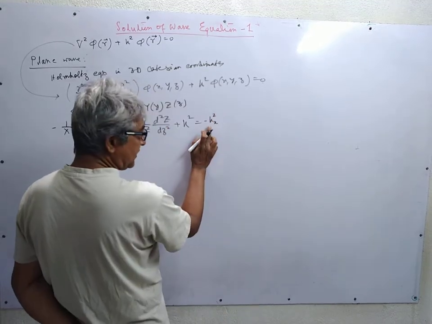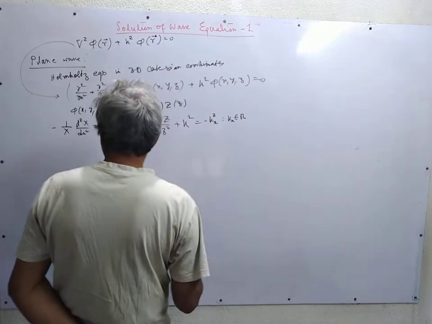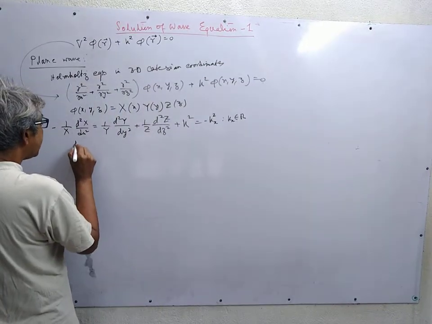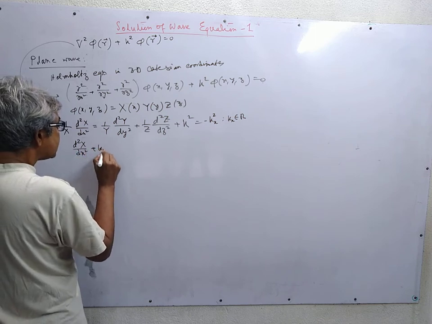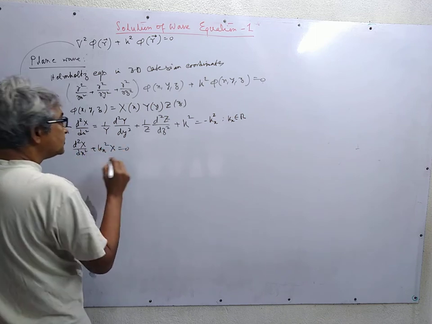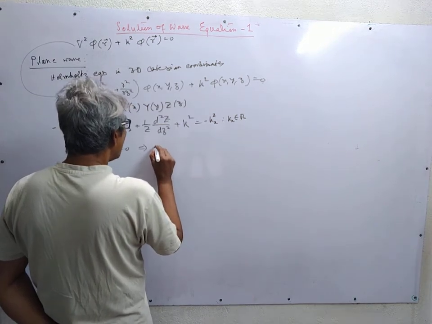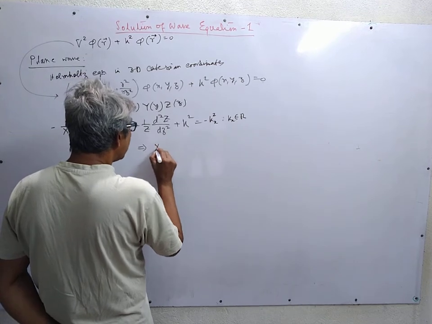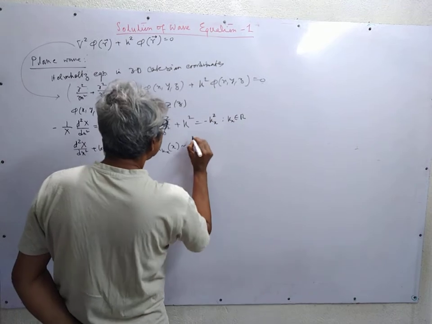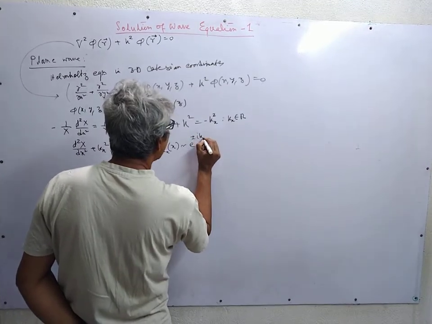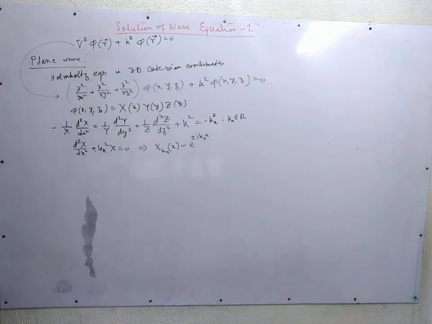Keeping this in mind, we take the separation constant as this, where kx is real, so that the X equation becomes d2X dx2 plus kx square X is equal to 0, whose solution is X of x equal to e to the power plus minus i kx x. We take the solution in the form of a traveling wave.